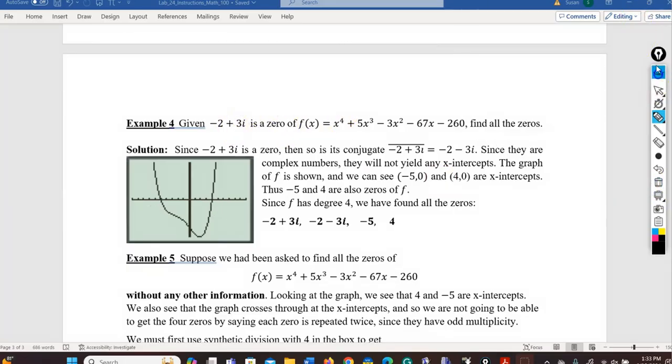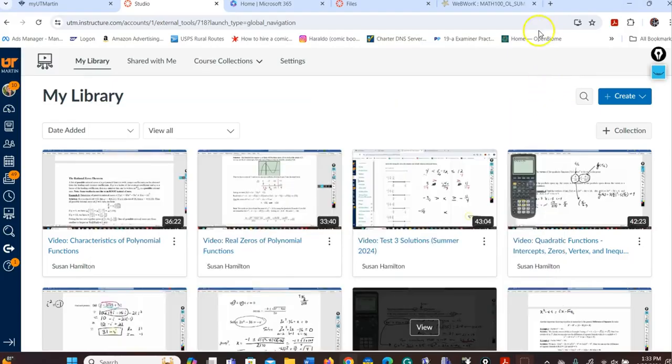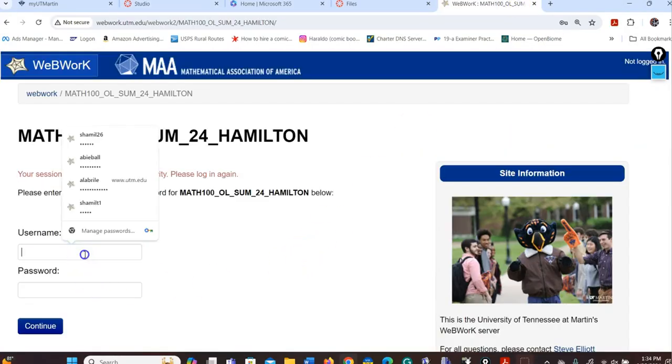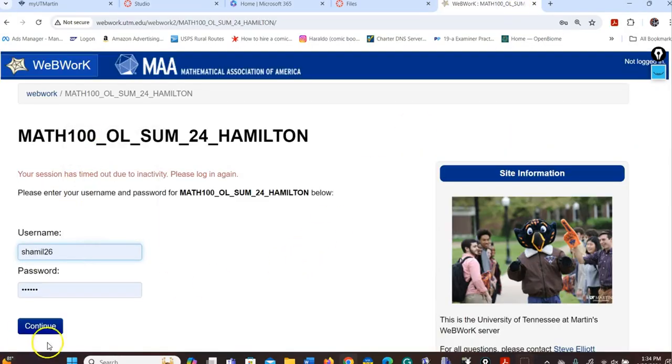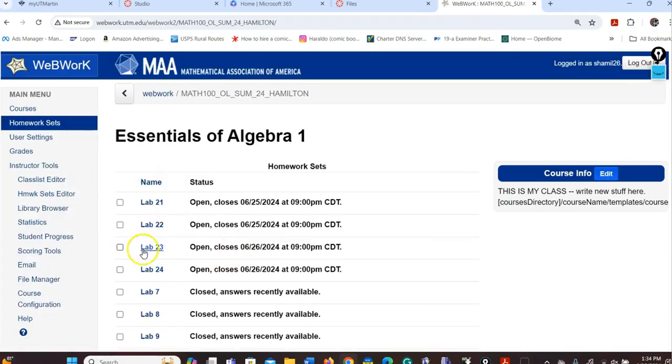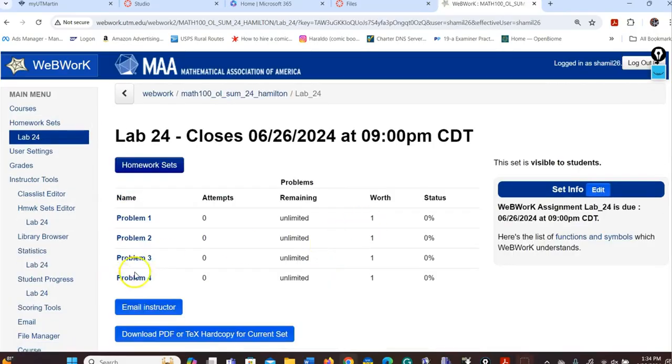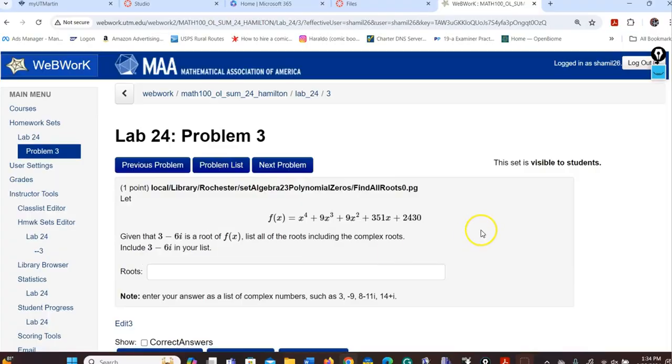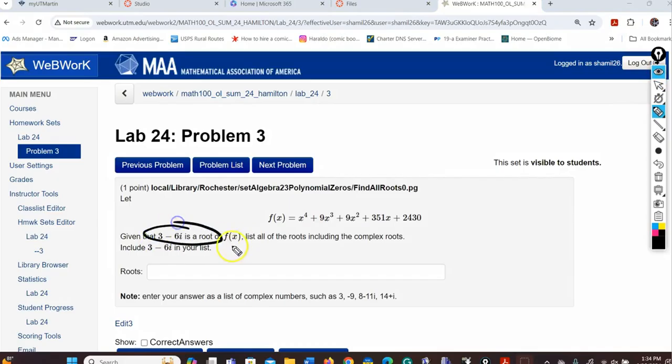So there's one like this on the web work. Okay, so they give you one of the zeros here. They give you one of the complex ones, given that that is a root.